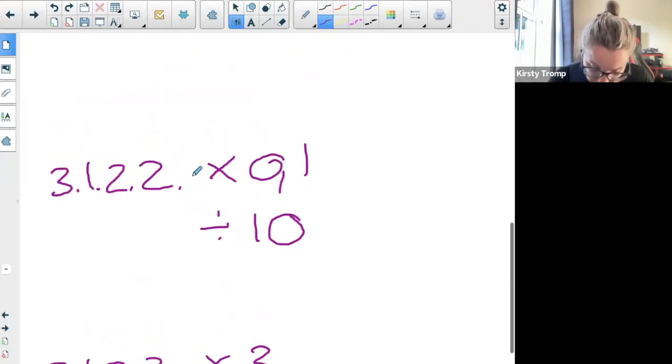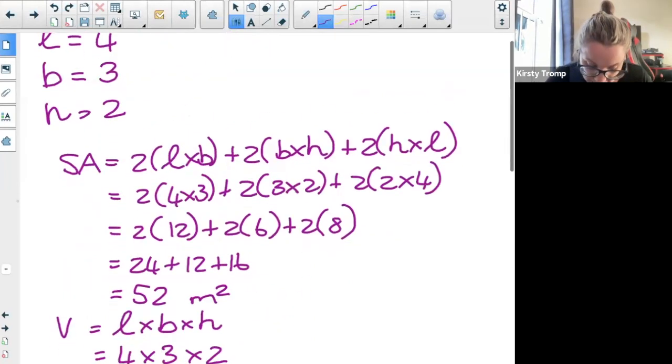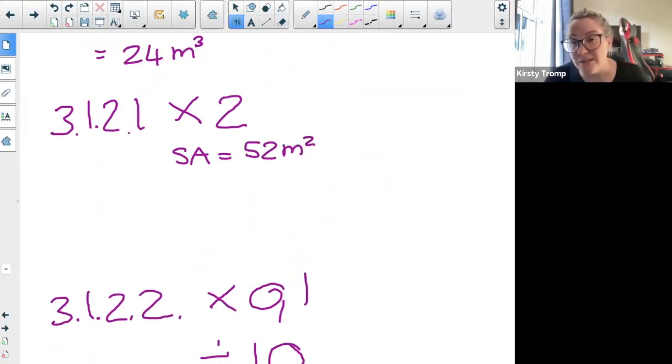For the first one, surface area is equal to, we calculated that the surface area was 52 meters squared. If the enlargement was by 2, what must I say?